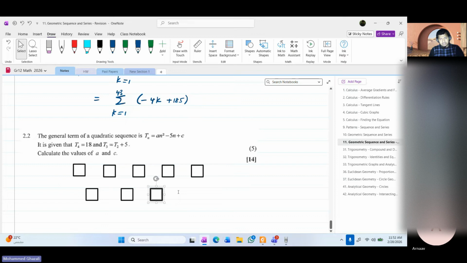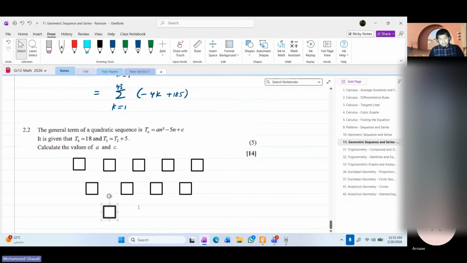Those are your differences. And obviously the difference between these two will be the second difference, all right? Right, great. So this is what you're looking at. Centralize this a bit.